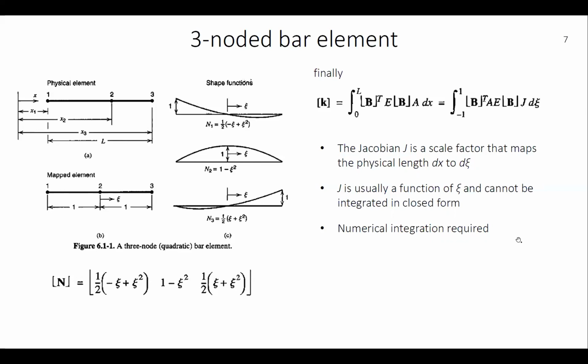I mean, for simple cases, it can, as we can see here for the three-node bar element. But if you go to more complicated elements, we typically cannot generally integrate it in closed form. And for that reason, we need to use some numerical integration scheme to evaluate this integral. So I will come to that in a while, using the Gauss quadrature, which is usually the most accurate and efficient way of evaluating these kinds of integrals.